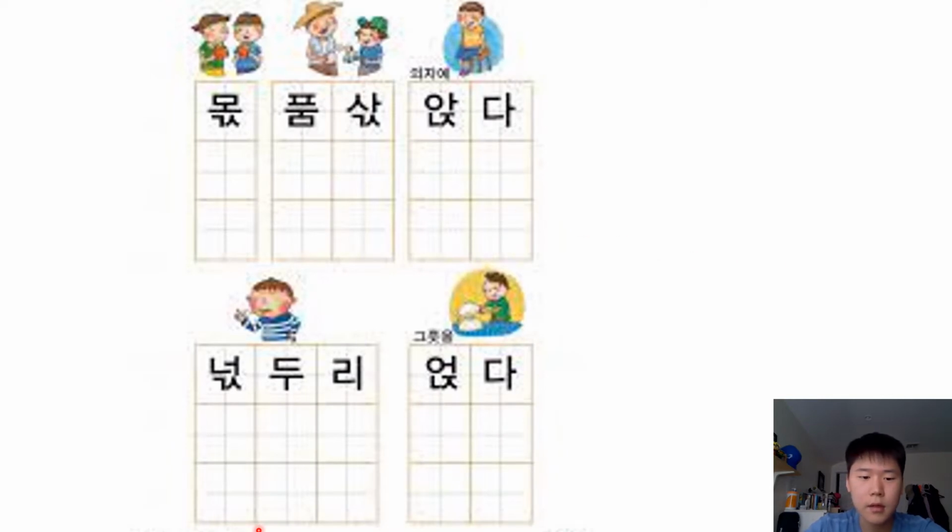And then let's move on to the practice section. So this first word is, what do you think it is? Let's use the first rule we learned, where the first letter leads with the sound.